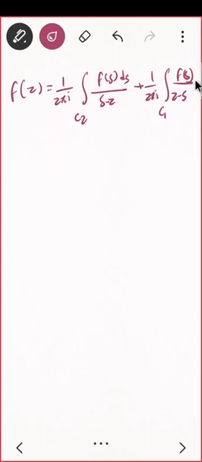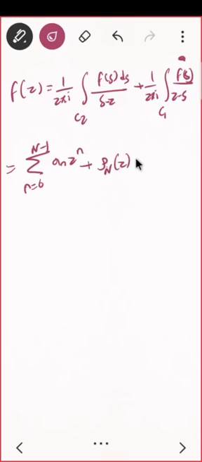Correct? And then if I put it in, it will be the summation n equal to 0 to n minus 1 of an z raised to n plus sigma n of z, plus the summation n equal to 1 to infinity.